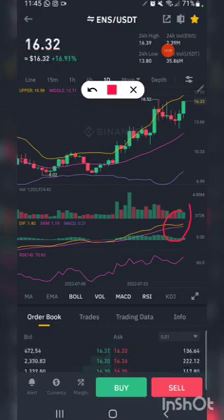So until this signal line, the pink one, crosses above the MACD line, you wouldn't say that the sell signal has been confirmed. At this moment, it looks like it's still going to go pretty much bullish, but here we'll have a resistance.